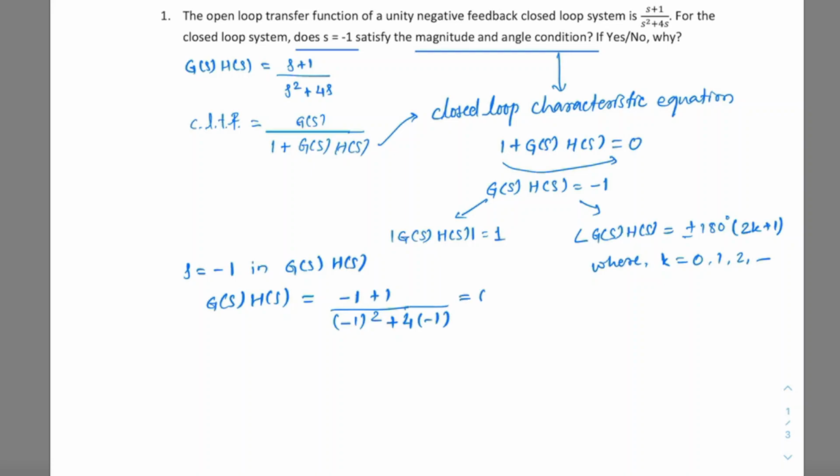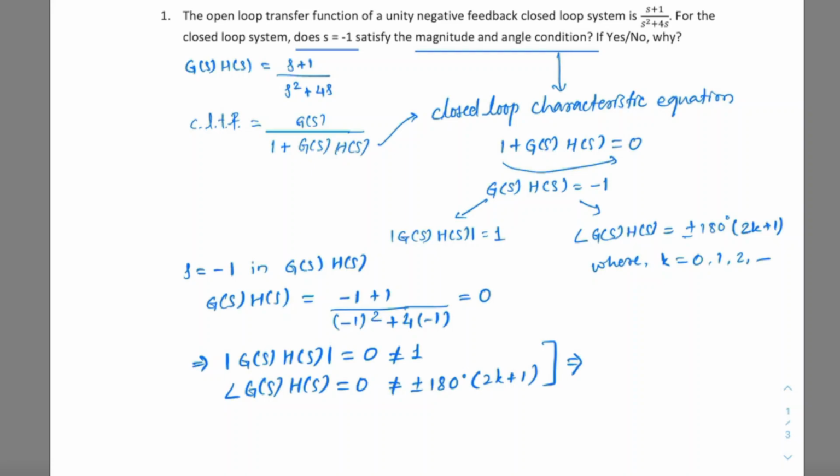So this comes out to be 0. This implies the magnitude of g of s h of s is 0 and the angle is also 0. So the magnitude is not equal to 1, and the angle is not equal to any odd multiple of 180 degrees.